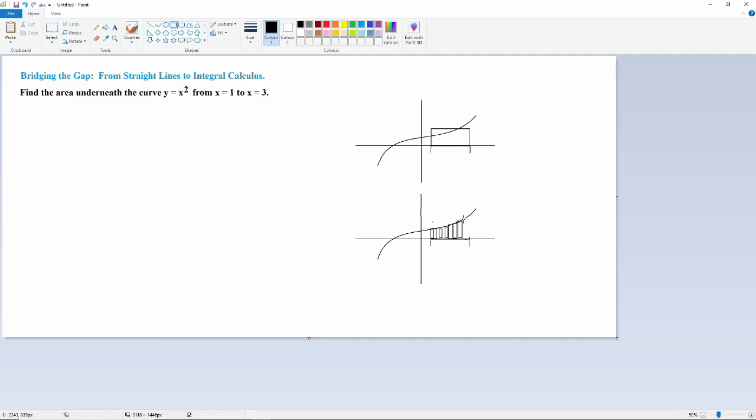And when we say the area under the curve, what we mean is the area between the 2 points that we're interested in on the x-axis and the height up the y-axis from the x-axis. So that's this area here. And this area here.